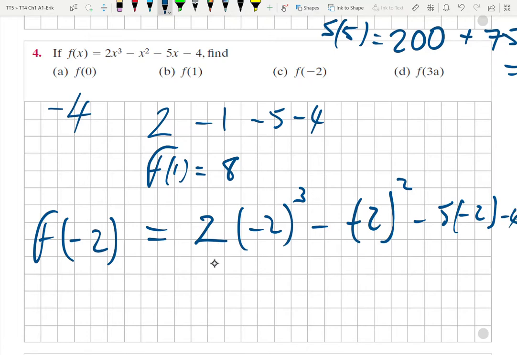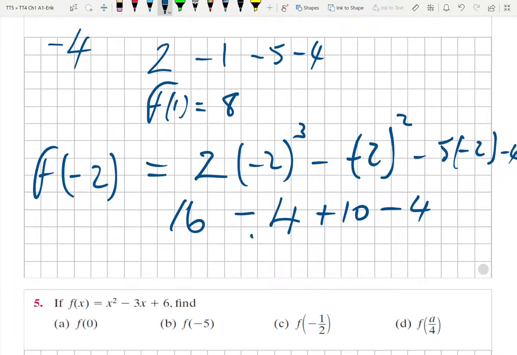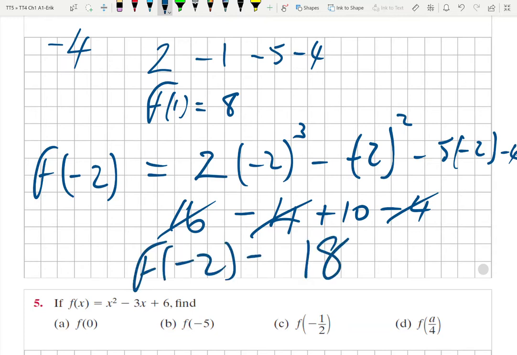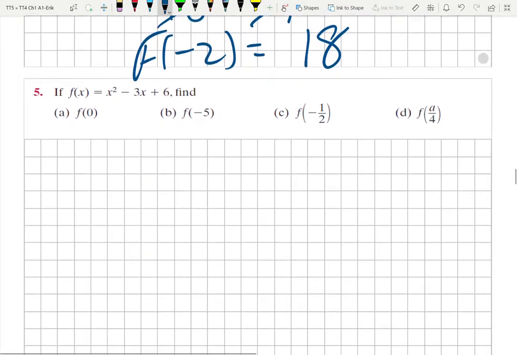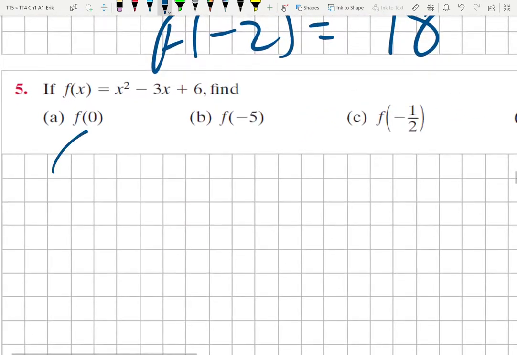Okay, this is negative. This is negative. Positive. Negative. Okay, that partially goes with that to give us 8, and we have 18. Six. 25 take 15 is 10.